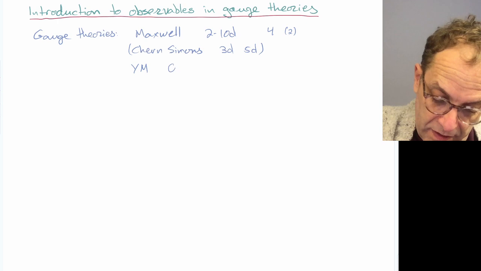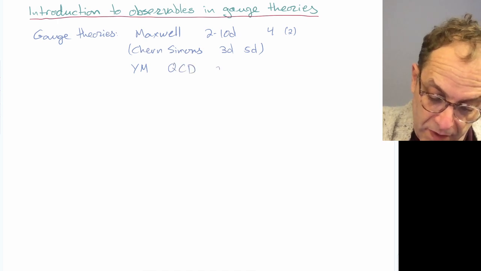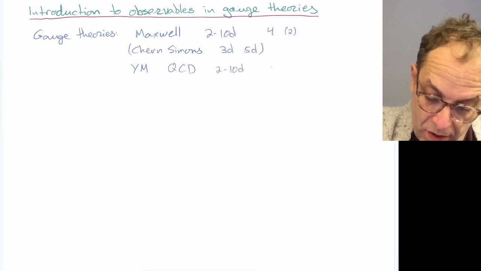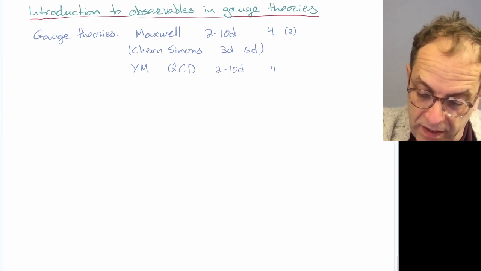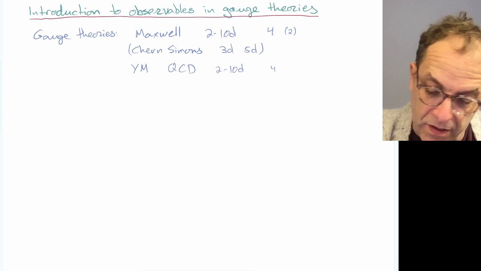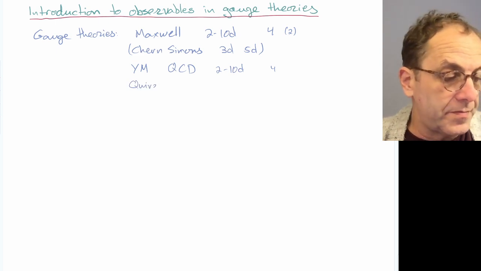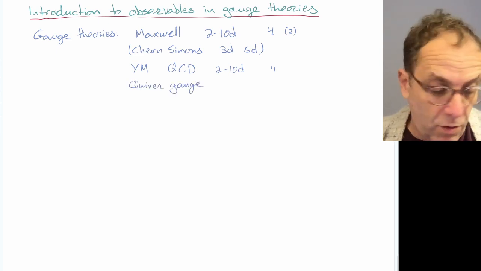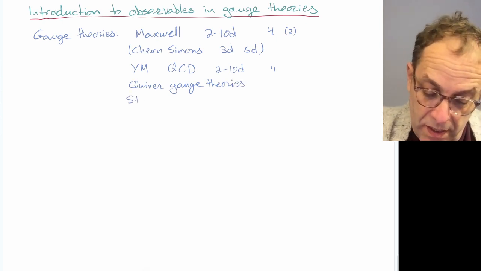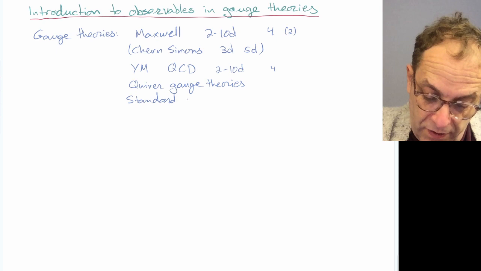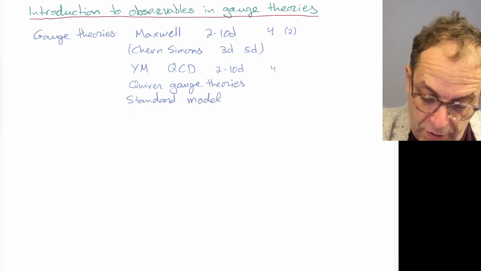There is Yang-Mills or QCD, and again it can be in 2 to 10D, but I will focus on 4. And then there are all kinds of generalizations, like quiver gauge theories, if you want the standard model.